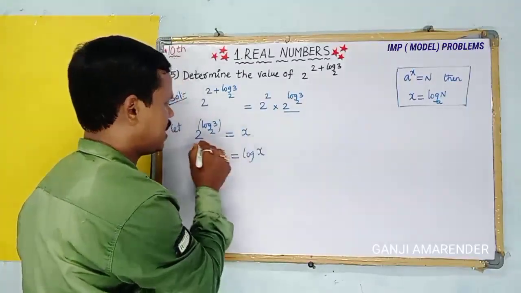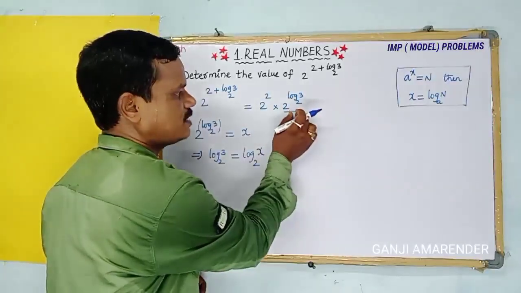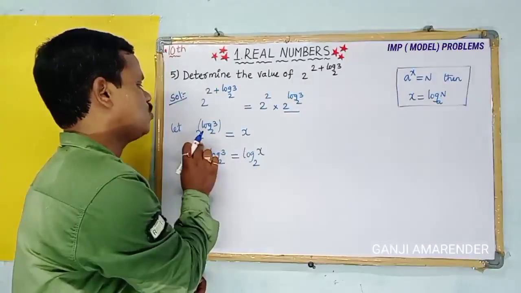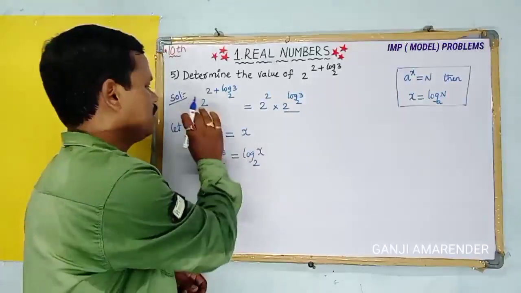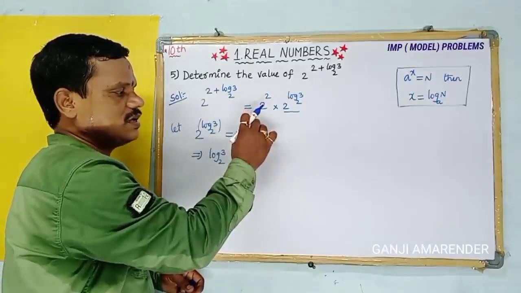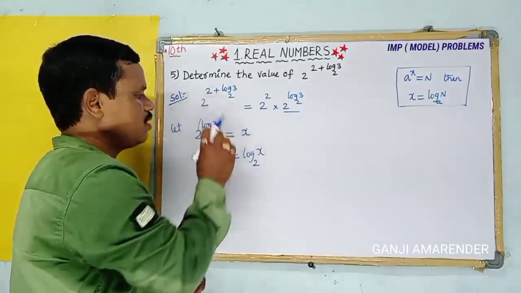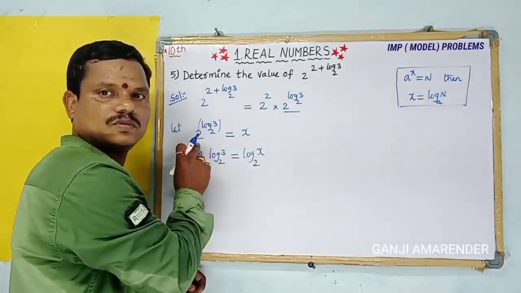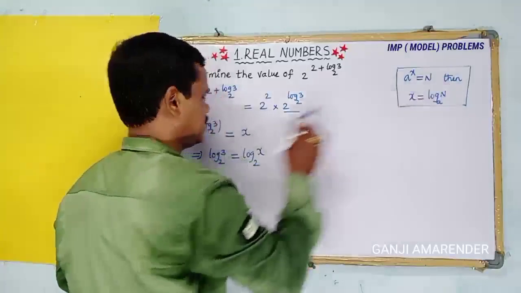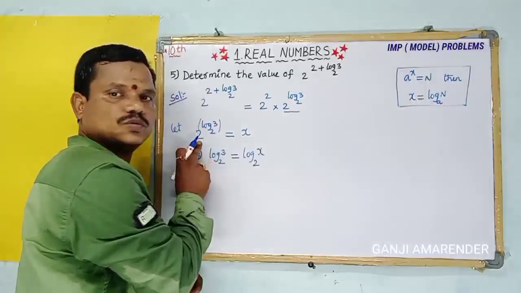Simplifying this value, 2 power log 3 base 2, I am taking it as x. Let 2 power log 3 base 2 be equal to x. This is in exponential form, 2 power something is equal to x. Its logarithm form is log of this value base 2. So log 3 base 2 is equal to log x base 2.